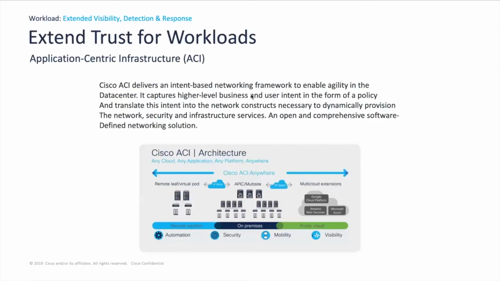Because ACI is an infrastructure and a framework, hardware and virtual, that allows us to combine application needs, servers, security, and switching and routing infrastructure together from a single pane of glass, and design that infrastructure based off the needs of the application.